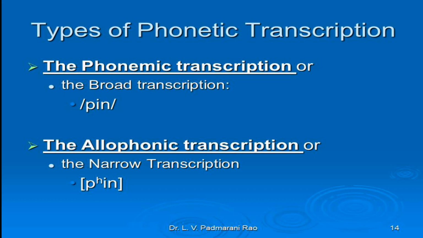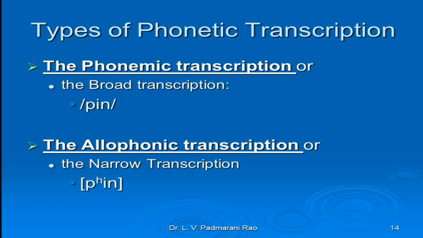Remember what allophones are? Phonetically similar sounds which are in complementary distribution. Yes. So the narrow transcription uses allophones to represent the sounds, and that's why it is kept in the square brackets. It is also called the allophonic transcription because the allophonic representation is observed here. So it is not just the plain p that you are using.